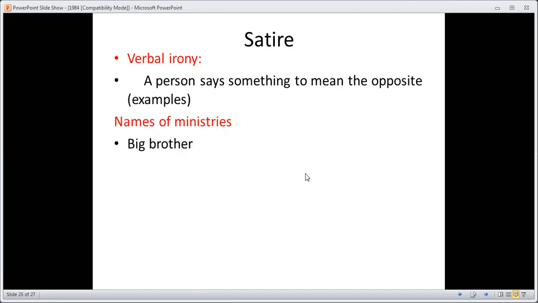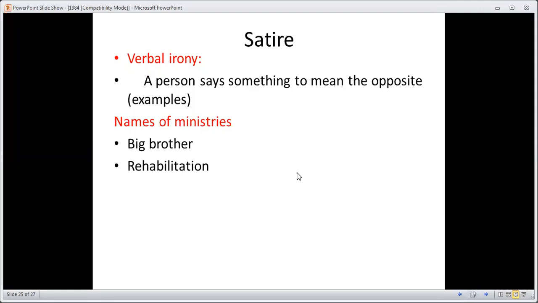The name Big Brother is a kind of verbal irony because he is actually a tyrant. Rehabilitation means annihilation, the opposite. So the first type of satire used by the writer to show his anti-utopia is verbal irony, which is saying something but meaning the opposite.